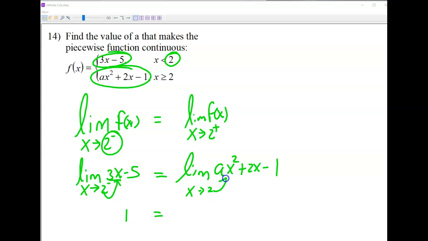Then I'm going to plug 2 in here. 2 squared is 4, so I'm going to end up with 4 times a. And then here, if I plug in 2, I'm going to get 4 and then minus 1, which is 3. So all I need to do now is solve for a.